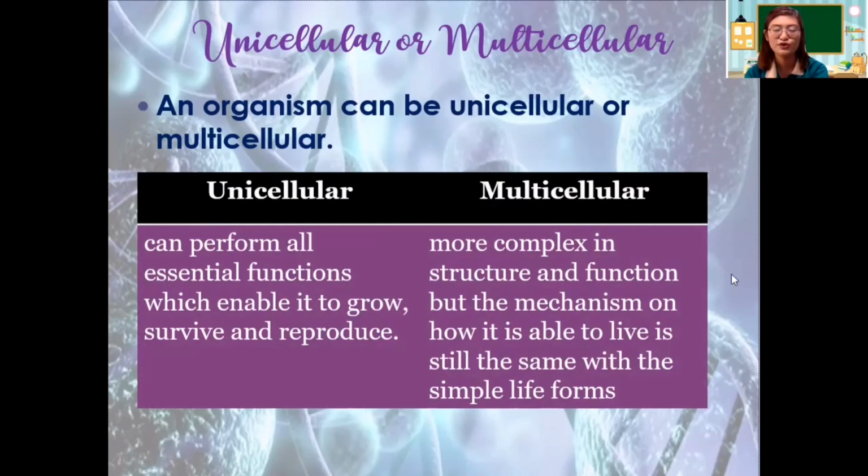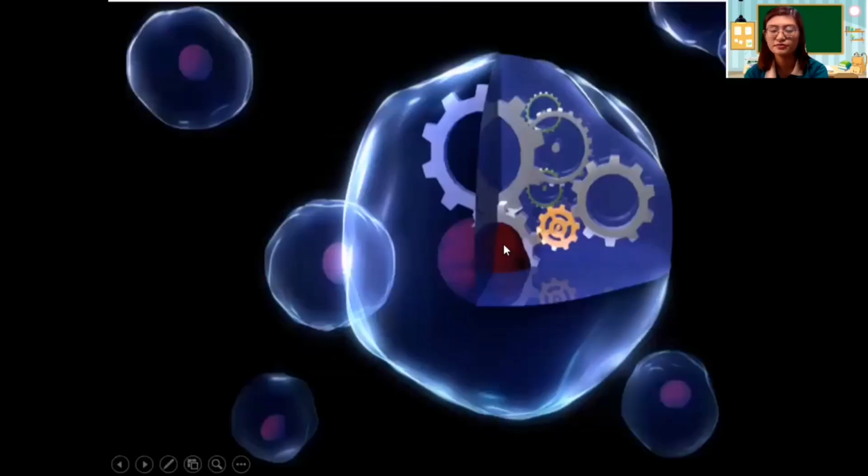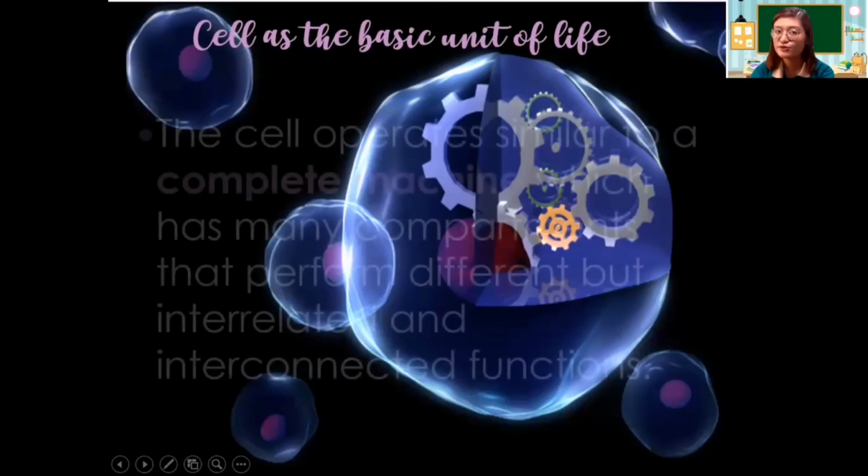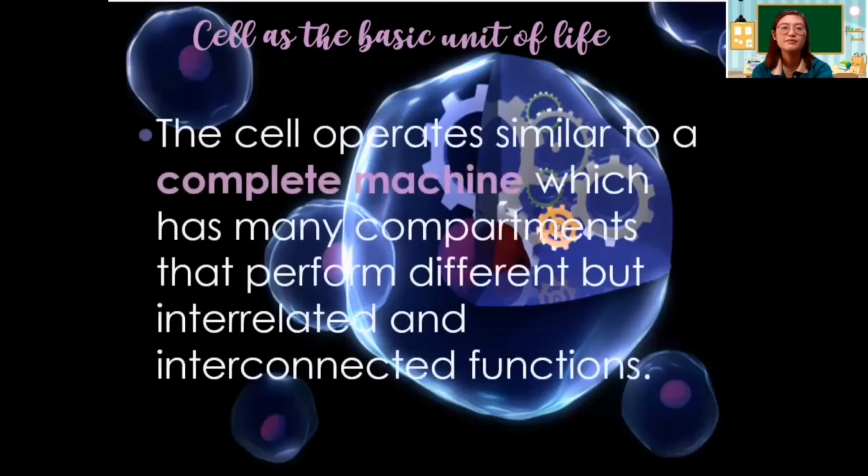To further discuss, I told you earlier that the cell is the basic unit of life, because the cell operates similar to a complete machine, for example, a car. It's a machine which has many compartments that perform different but interrelated and interconnected functions. Imagine a cell, so tiny.